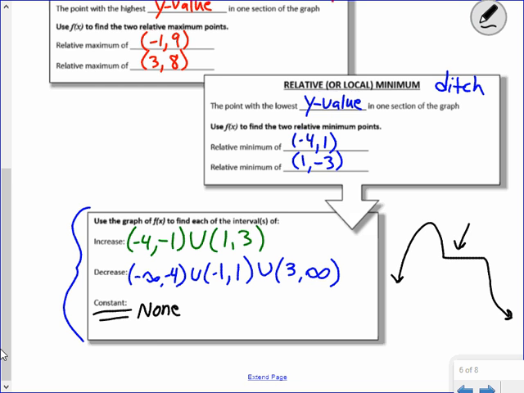This little piece right here is what we would call a constant, where it's horizontal, flat. You will not see that very often, but if it were in your graph, you would just say, again, like if this were the x-axis right here, okay, what's this number, and then your interval would be in between those two, the same way that you would for an increase or decrease.